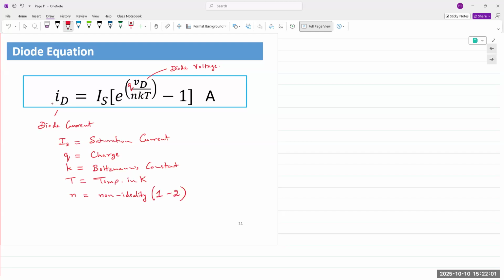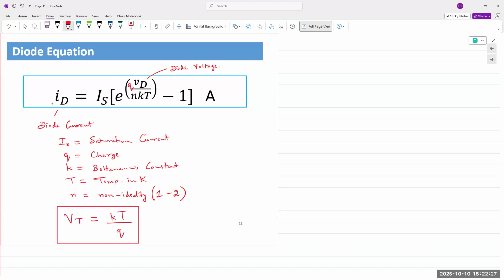Just as an exercise, you might sometimes give it 1.1 or 1.2, but for most regular silicon diodes, we simply take n is equal to 1. Thermal voltage, if you remember from chapter 2, is kT over Q.